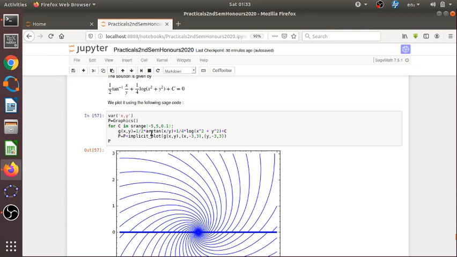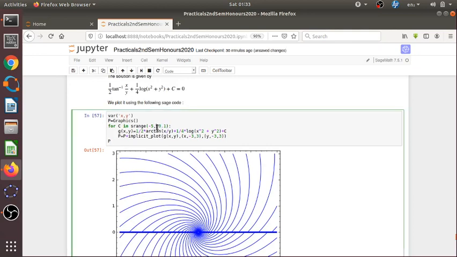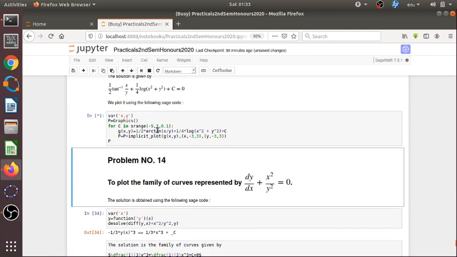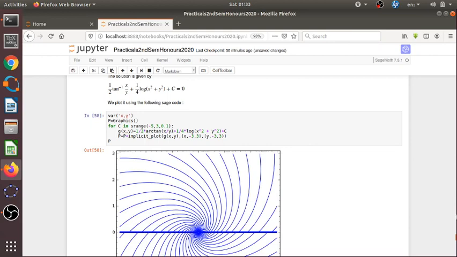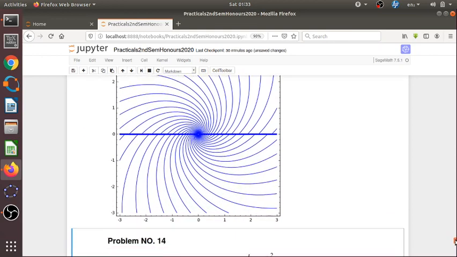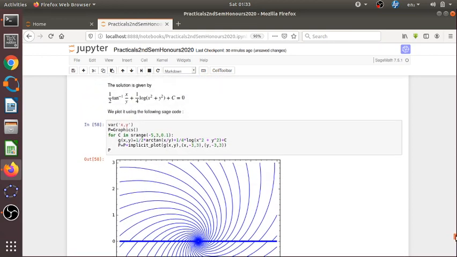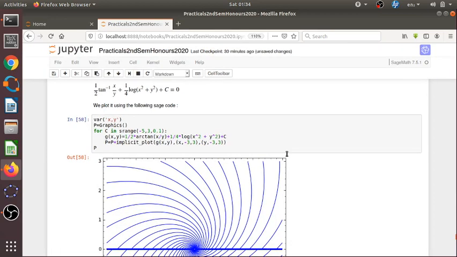So that depends on how you change the values of C. It's not necessary that the upper limit and lower limit should be the same. You can try something different also, say -5 to 3, and the spacing is 0.1. So you can try various values and see what happens. Anyway, you try to draw this particular family of curves.